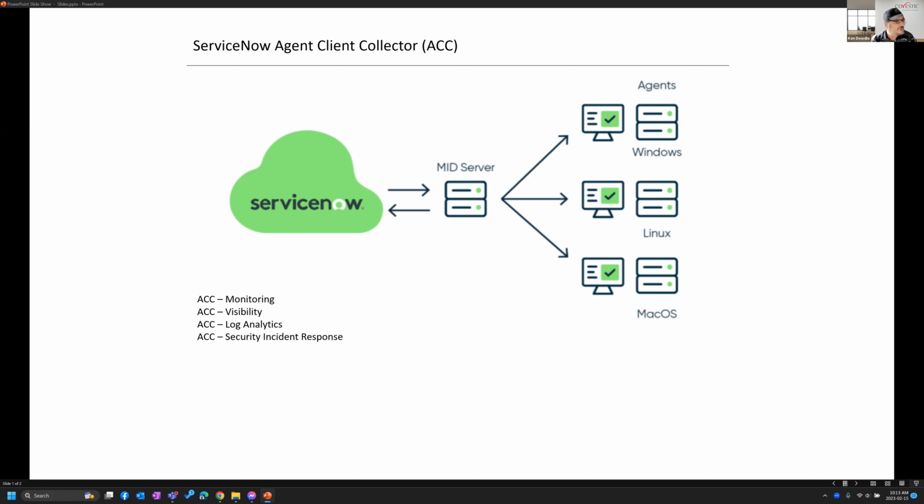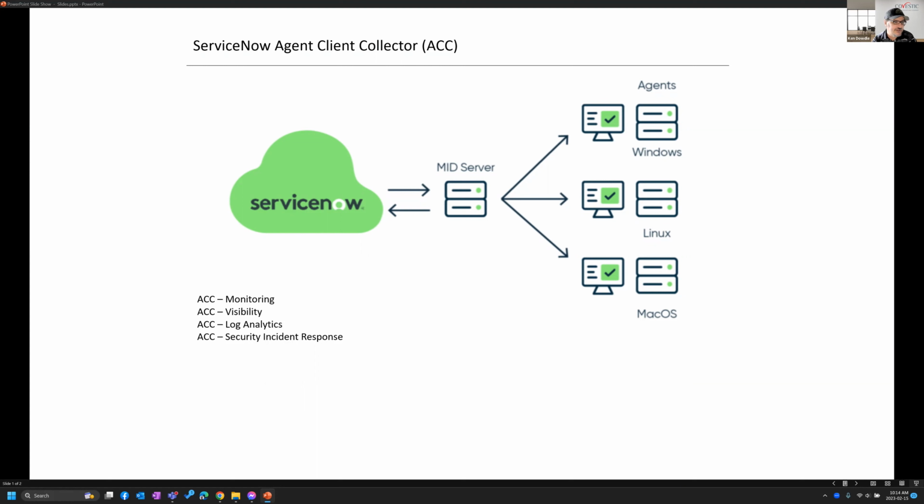With Discovery, a lot of times it requires a local admin on Windows servers, so you need elevated permissions. Sometimes you have sensitive CIs, for whatever reason: maybe regulatory requirements, maybe they're in the DMZ, maybe PCI credentials, HIPAA, things like that. So that's one of the things that ACC, the ServiceNow Agent Client Collector, is there to solve.